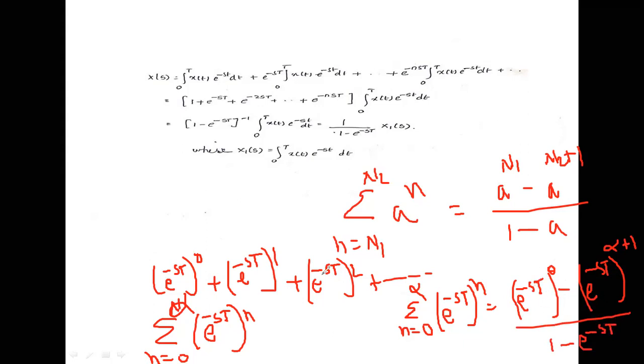What is anything power 0? 1. Anything power infinity is 0, by 1 minus e power minus sT. Got it, my dear students? So this total expression is equal to 1 by 1 minus e power minus sT only.